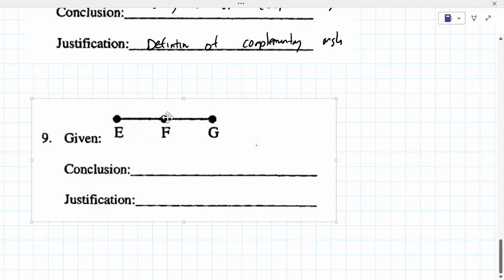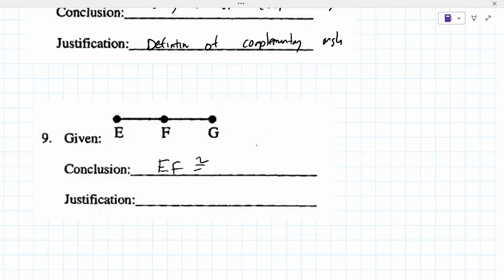We don't know anything about F. We don't know if F is the midpoint, which is kind of what I think it's going to. Is there anything else here for number 9? No. Okay. Like I said, I'm trying to make a guess here. My guess is they want you to say something like EF is congruent to FG.